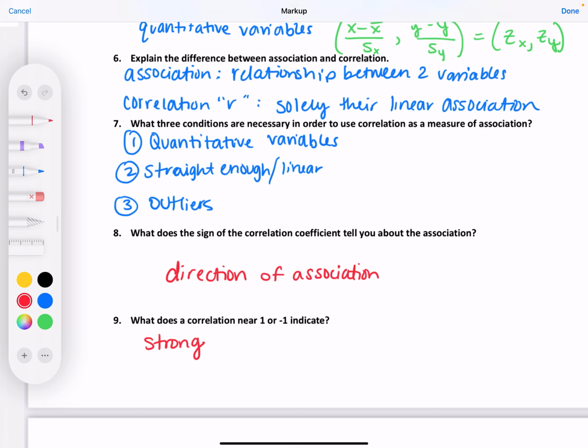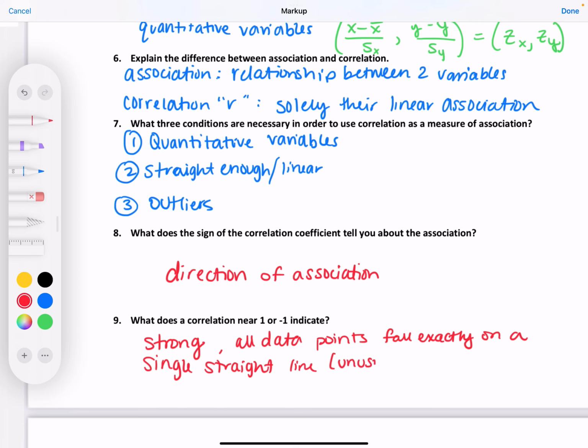So strong, all data points fall exactly on a single straight line. Now, this is very unusual or unlikely.